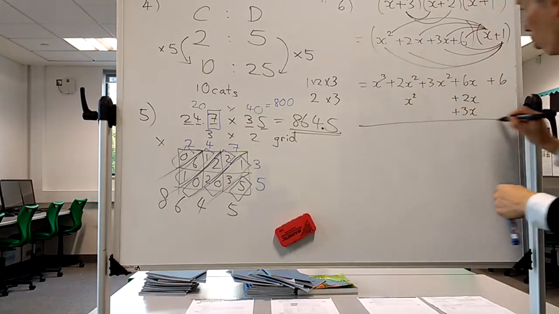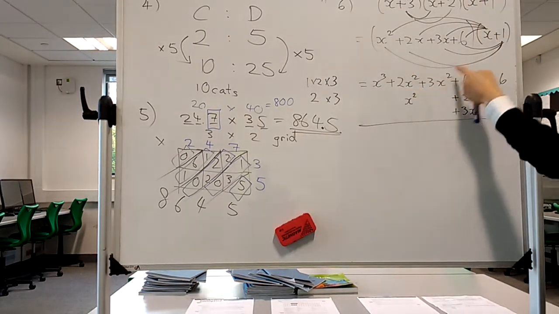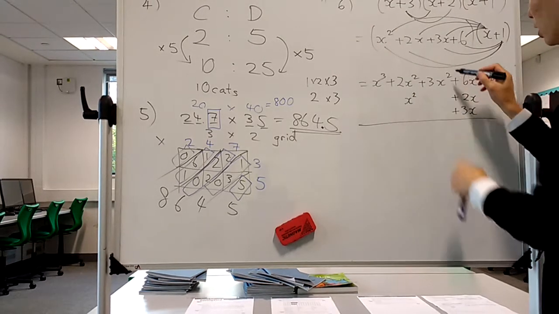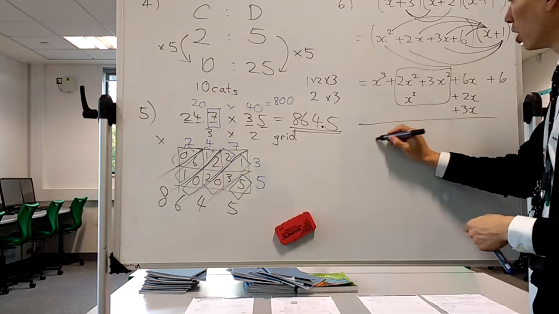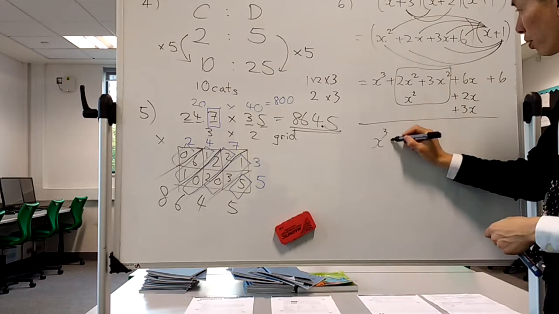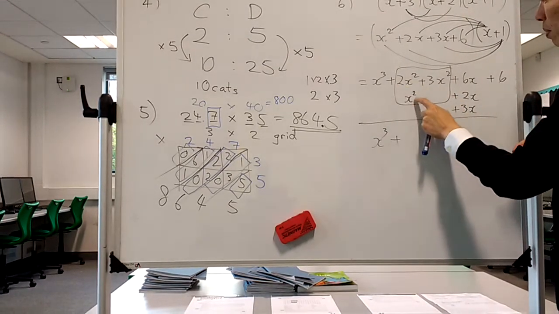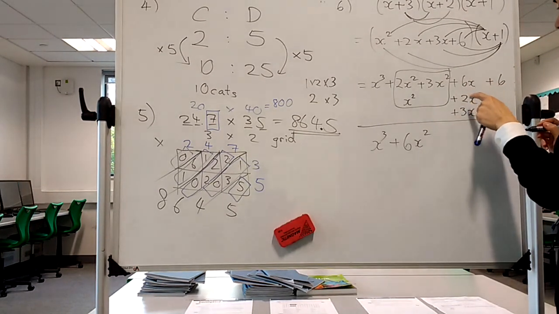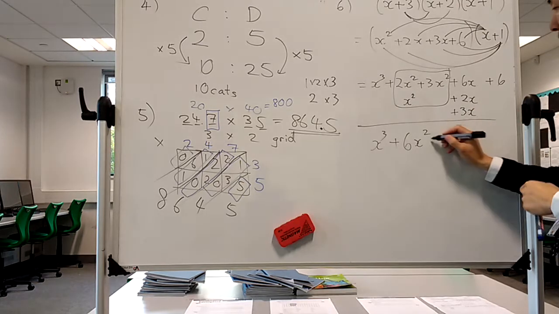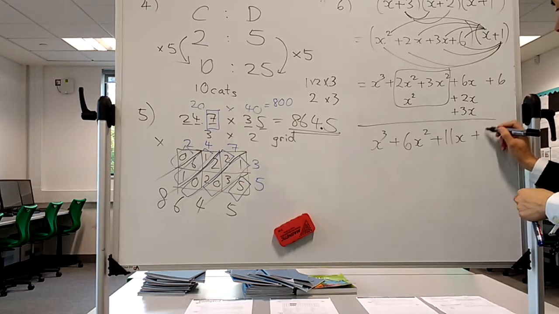And I'm going to add them all up. I've aligned the like terms together. Well, except maybe here, you will see there are 3 like terms here. So add x cubed on its own, add 5x squared plus another x squared, 6x squared, and then 6x, 8x, 11x, and then plus 6.